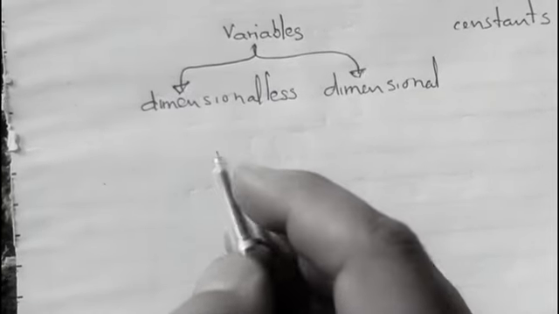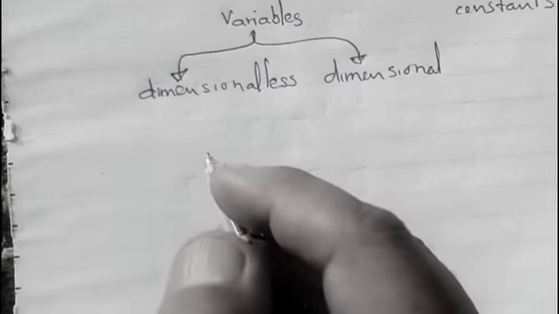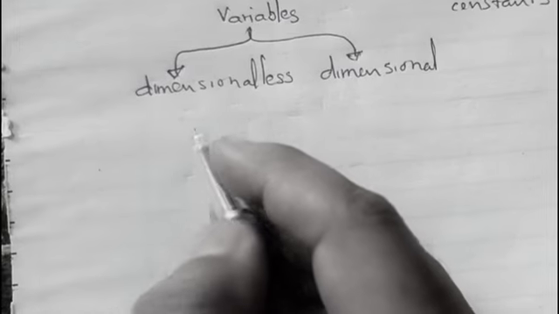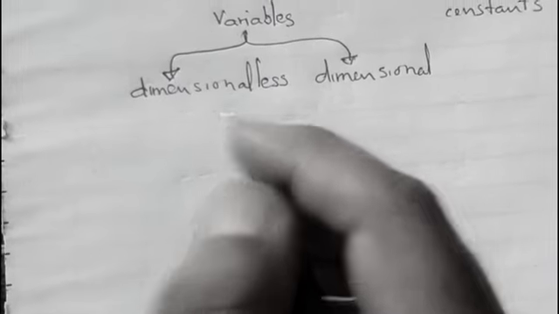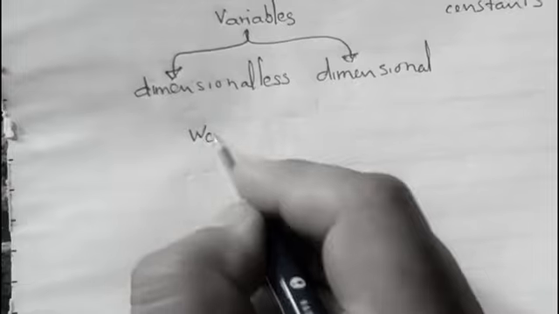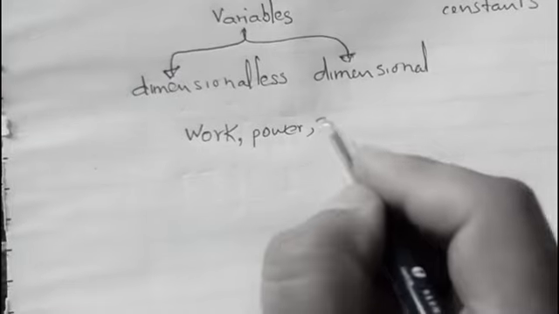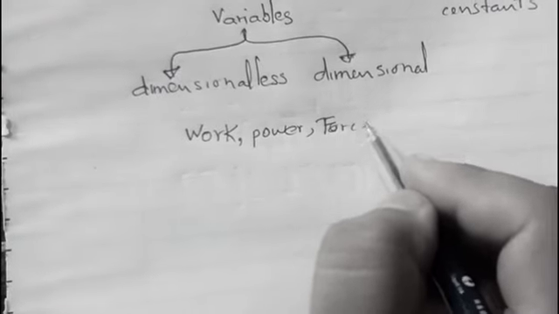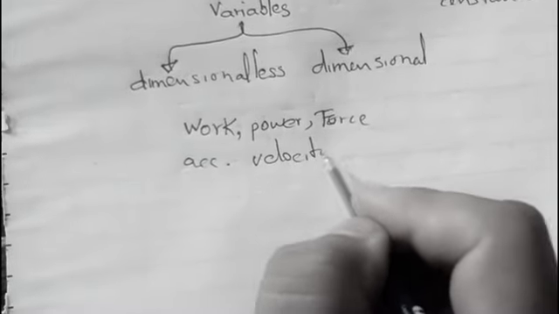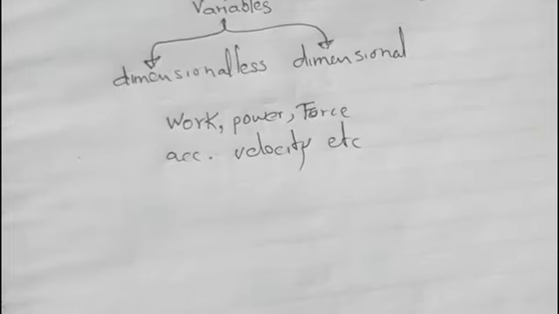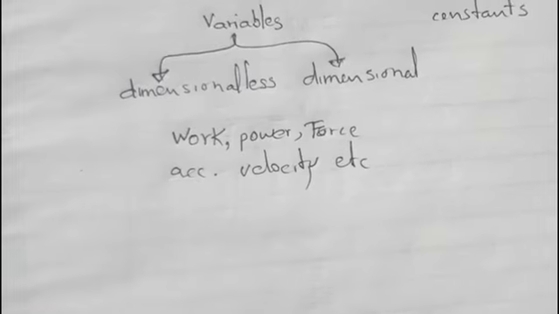As we discussed the derived physical quantities in our previous videos, all are dimensional variables like work, power, force, acceleration, velocity, etc. All are dimensional quantities or variables.